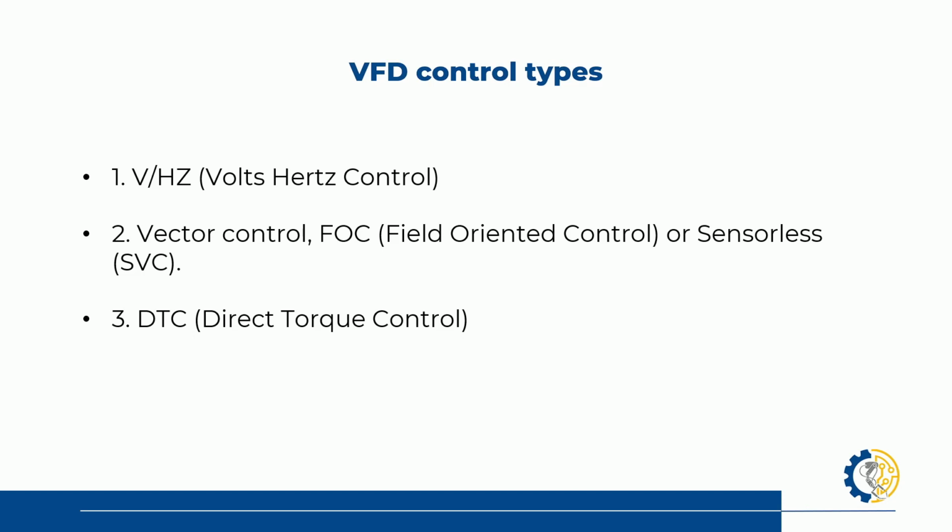We, as programmers, as drives technician engineers, we need to know what type of application is the one that we're going to control. What type of application is it? Is it a conveyor belt, a common conveyor belt?